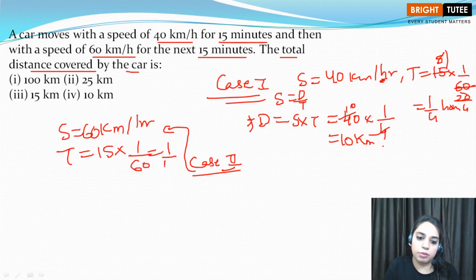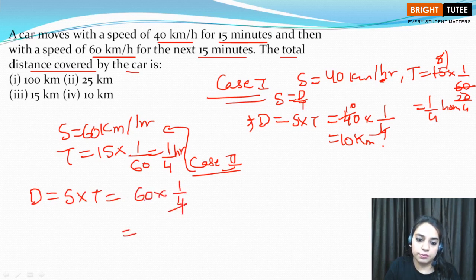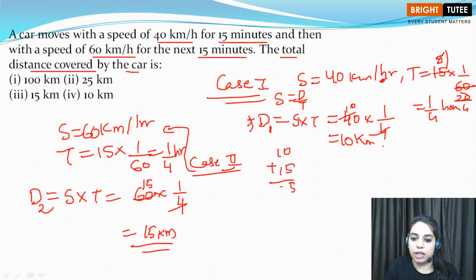It comes out to be 1/4 of an hour again. Now we know the formula for distance is speed multiplied by time. Speed is 60 and time is 1/4 of an hour. So the car travels 15 kilometers, right? So the total distance covered is, we will have to add both the distances for case 1 and case 2, that is 10 plus 15. So our correct answer is 25 kilometers.